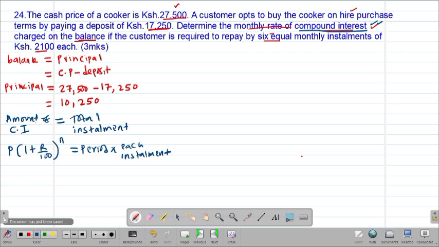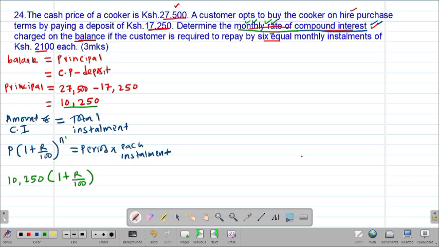Now, we already have the principal, which is 10,250 shillings. So we are going to have 10,250 shillings, then into 1 plus the rate, remember the rate is what we are looking for, over 100, then to the power of n. Now, the question wants us to determine the monthly rate. If the rate is expressed on a monthly basis, it means that our period should be left in months.